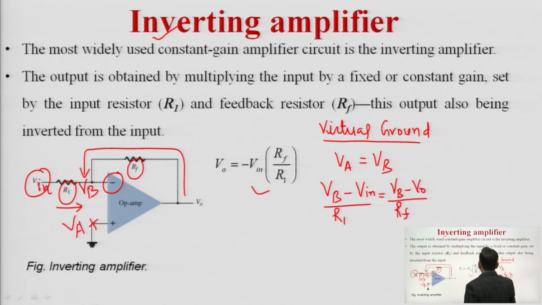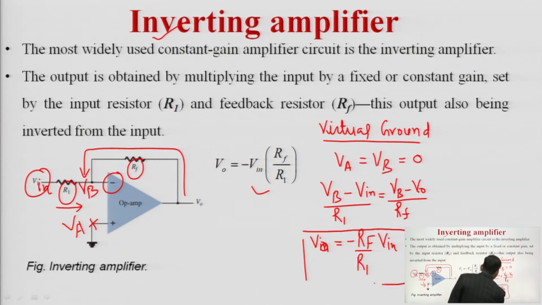Now we use VA equal to VB equal to 0 because of virtual ground. If we simplify this equation, we have Vout equals minus RF by R1 multiplied by Vin.